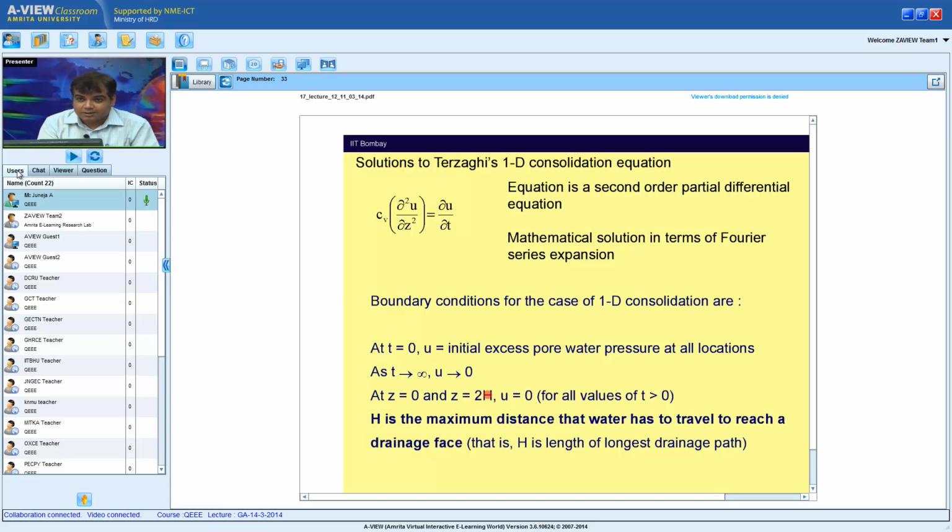It's a good question, and in fact I don't have an answer. Some engineers decades back should have changed this to a different symbol. It would have made our life much easier. But we will look at the difference when we do a problem sheet. For the time being, visualize that this H is different and it is the maximum distance the water would have to travel to reach the drainage level.